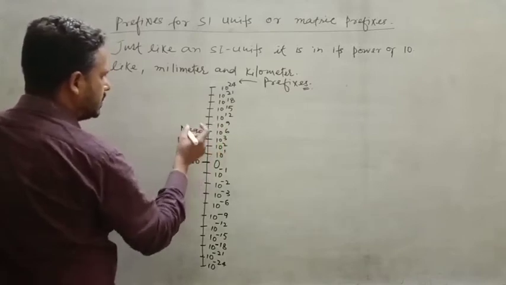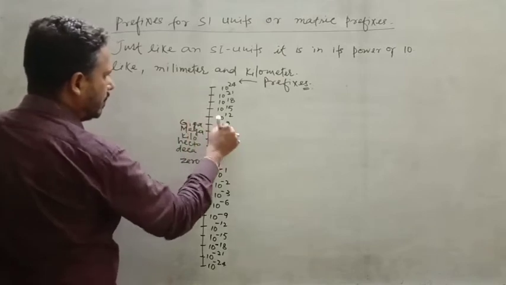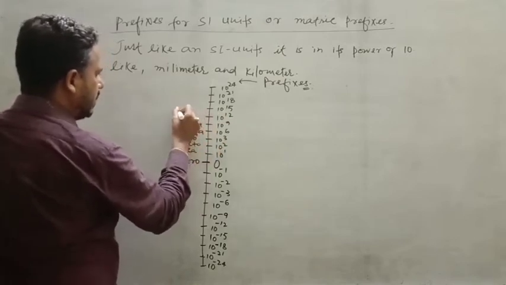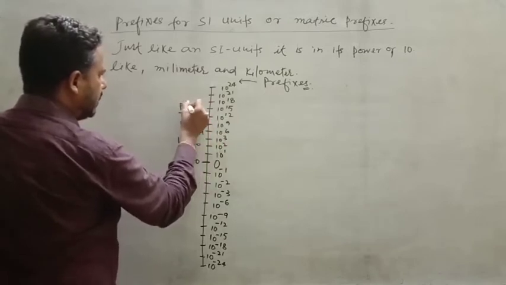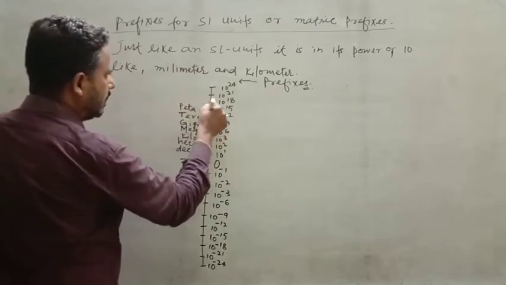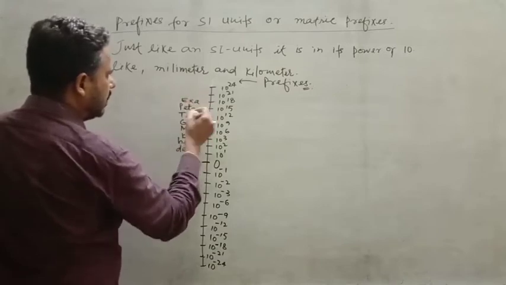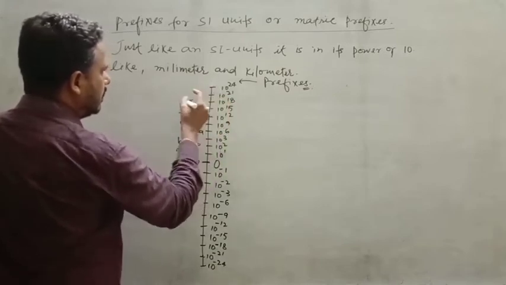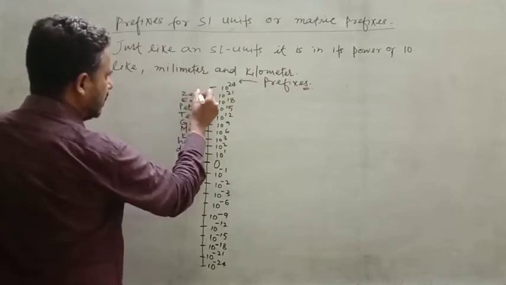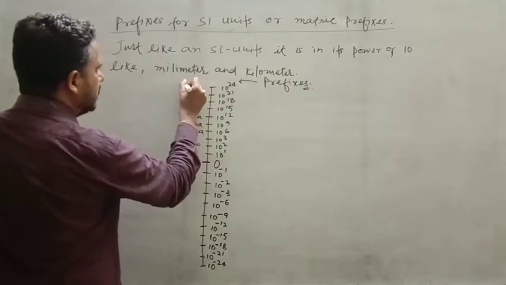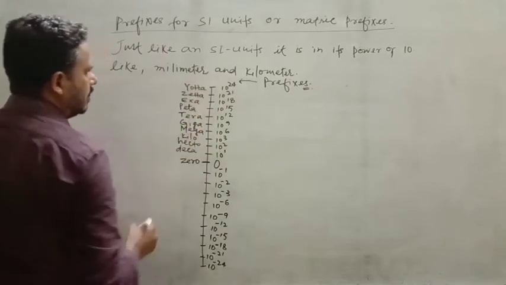This one is giga, tera, peta, exa, zetta, and this one is yotta.